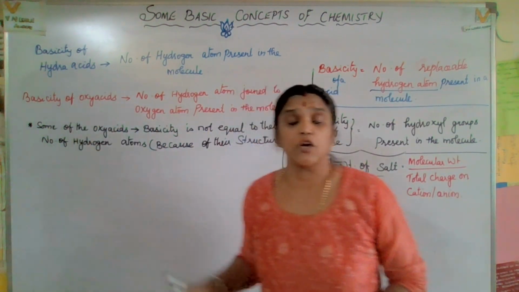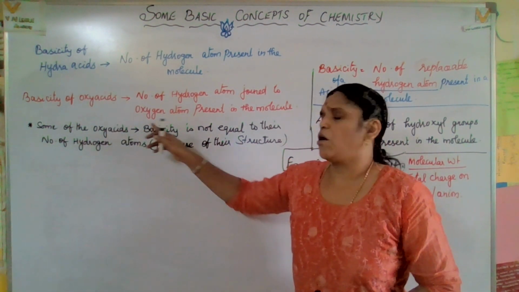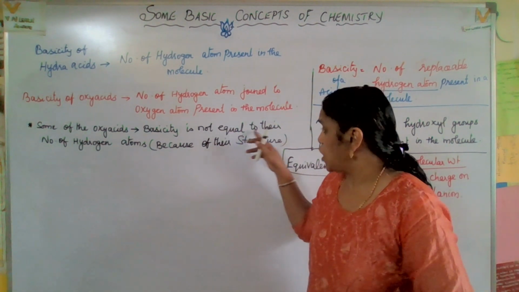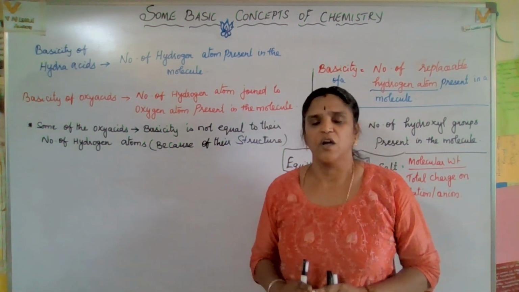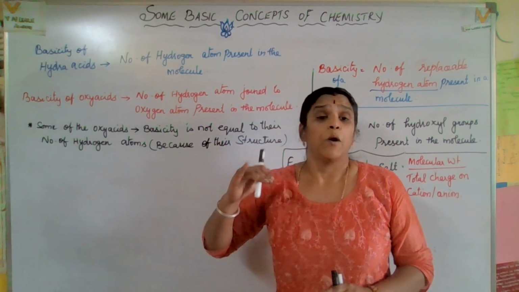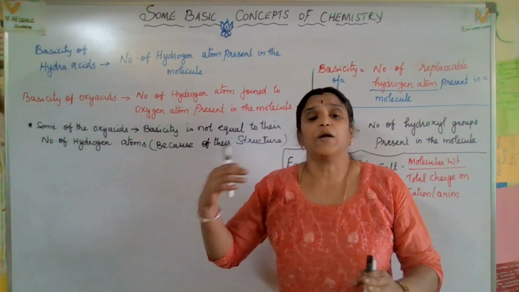It is called basicity of oxy acids. Some are exceptional: for some oxy acids, basicity is not equal to the number of hydrogen atoms because of their structure. Now let us check the structures of the oxy acids.